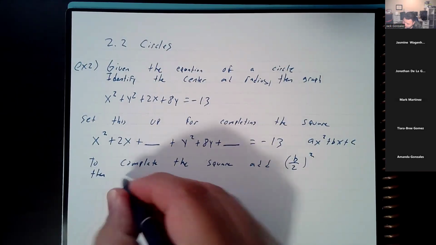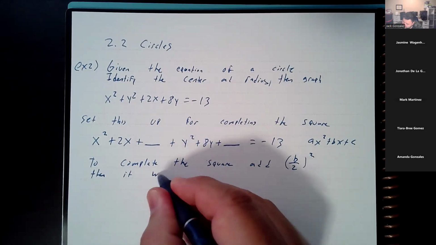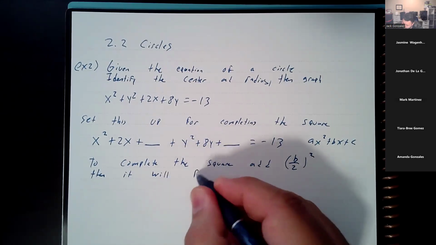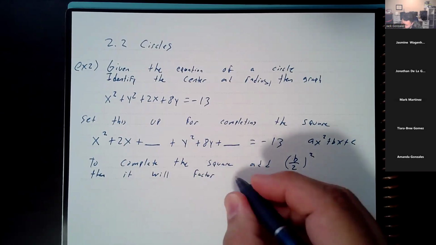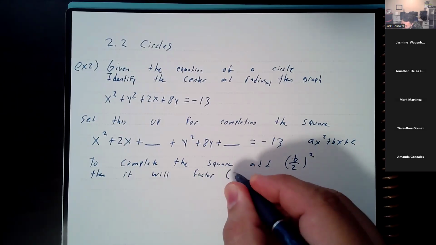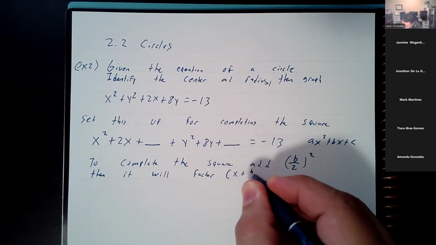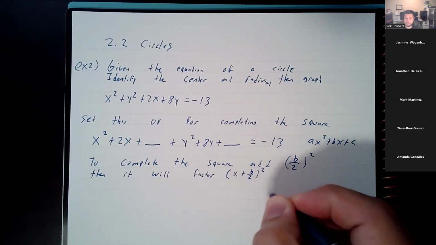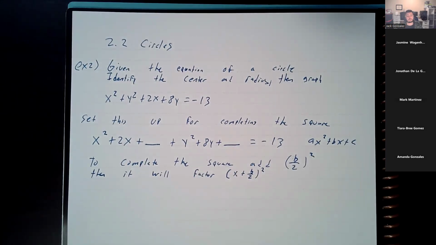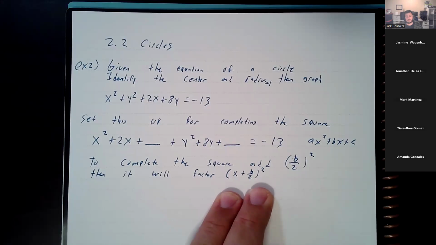Then it will factor like this, which is the complete square. That's the goal. Because remember, if it's in this form, then that means we're going to standard form for a circle. You see where we're going?